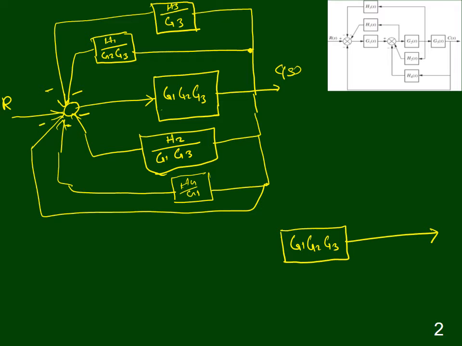All of them are minus, so I can say that this is equal to 1 plus H1 upon G1, G3 plus H2 upon H1 upon G2, G3, H2 upon G1, G3 plus H3 upon G3 plus H4 upon G1.